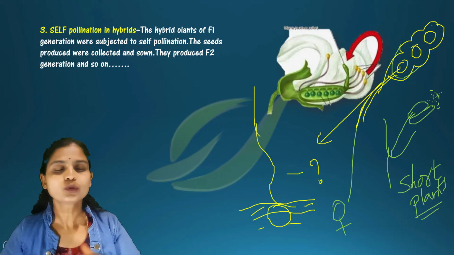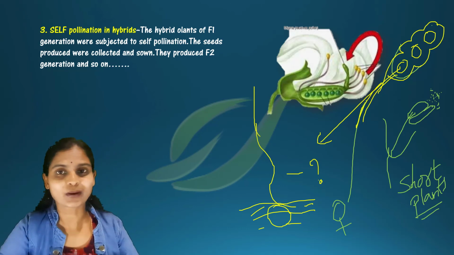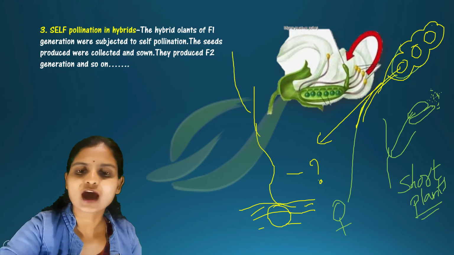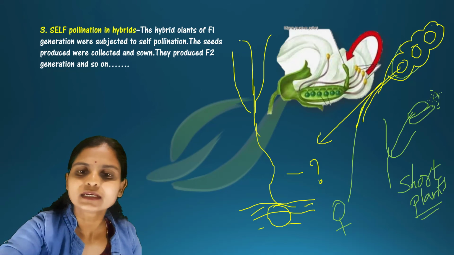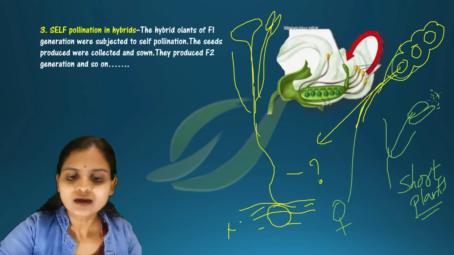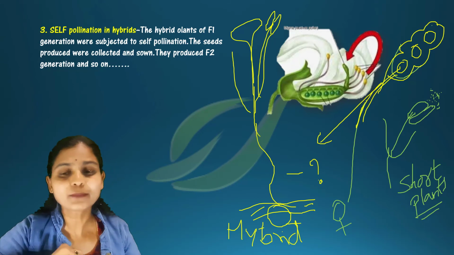To find that out, for the hybrid plant he got, as the flower developed, he did self-pollination for many generations. Please remember, this is a hybrid plant.